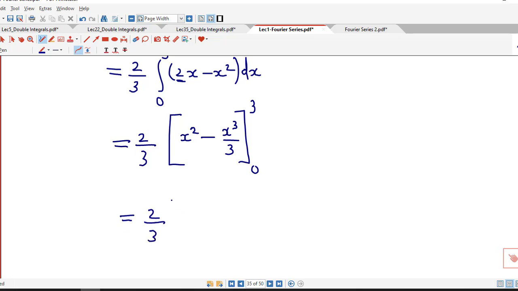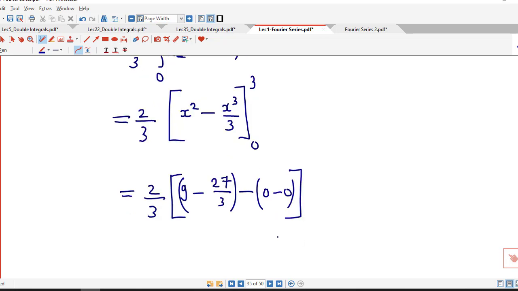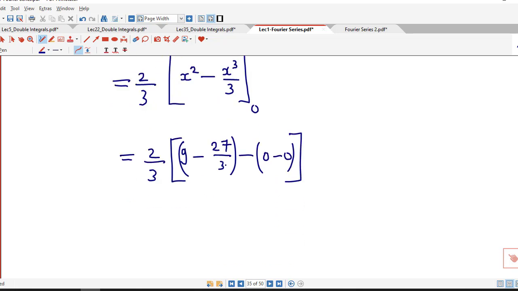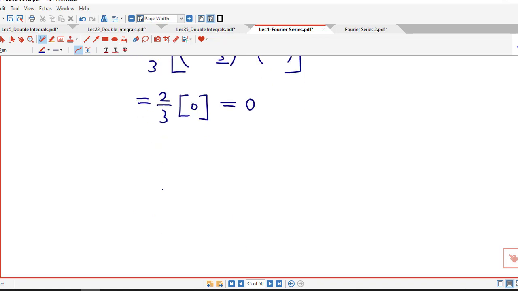First we put x equal to 3, so we have 3 square, that is 9, minus 3 raised to 3, which is 27 divided by 3. This is for the upper limit x equal to 3. The lower limit is x equal to 0, so it becomes 0. Now this 27 by 3 is nothing but 9, so it is going to be 0. Therefore the value of Fourier coefficient A0 is 0.